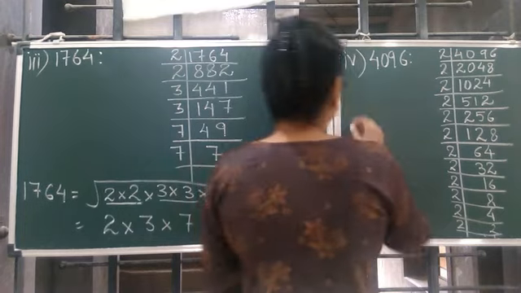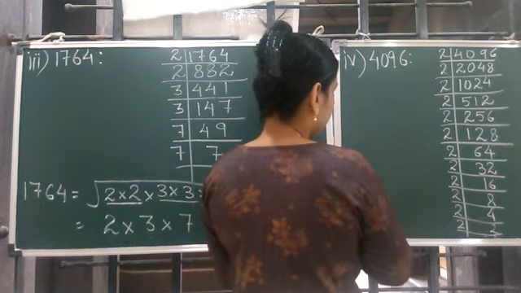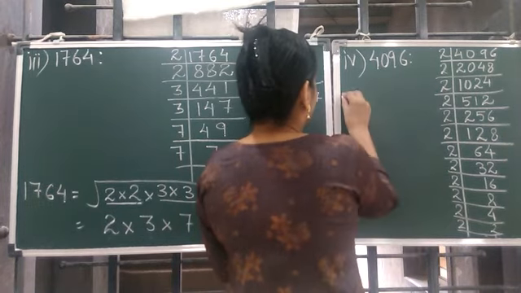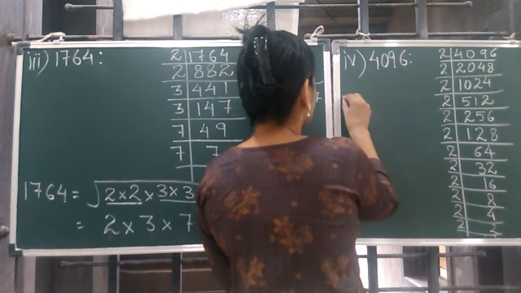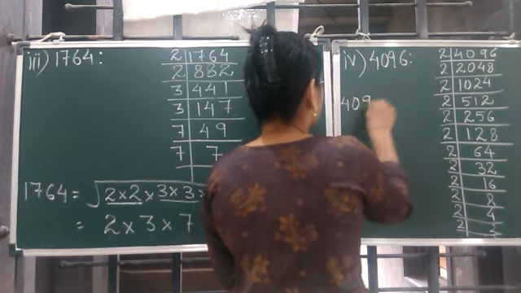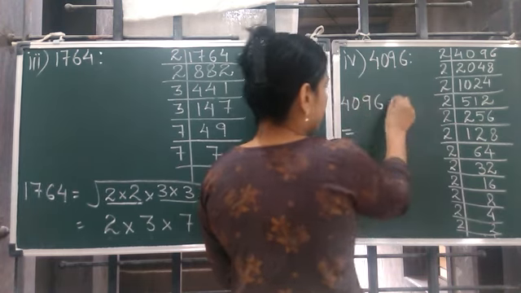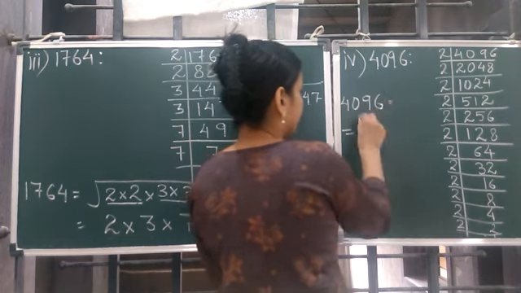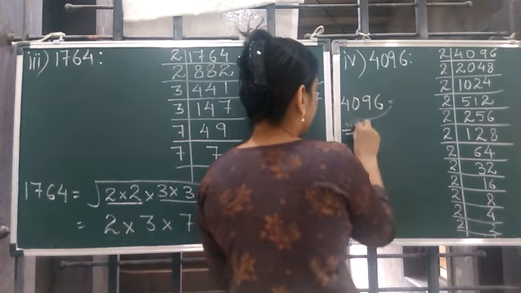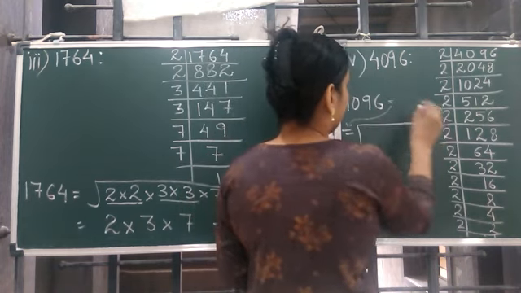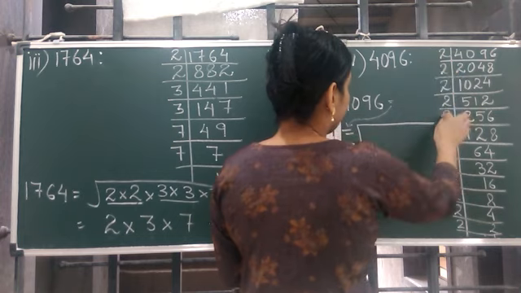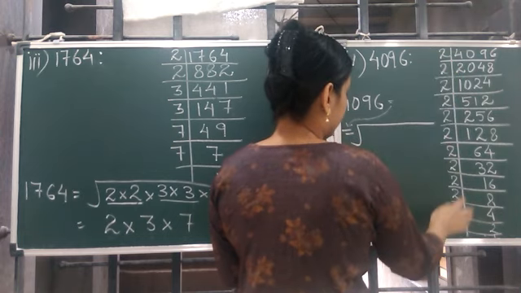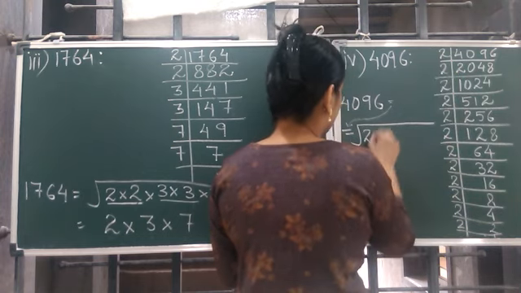Okay, now we write the factors. 4096 is equal to, that equal to has come here. I am putting it here. Now, how many? 1, 2, 3, 4, 5, 6, 7, 8, 9, 10, 11, 12. 12 2s are there.